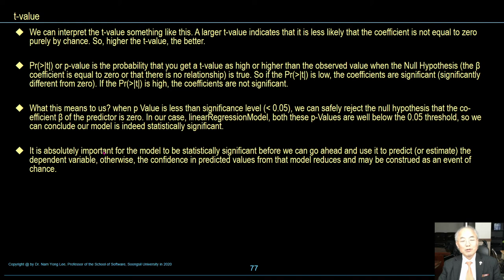It's absolutely important for the model to be statistically significant before we can go ahead and use it to predict or estimate the dependent variable. Otherwise, the confidence in predicted values from that model reduces and may be construed as an event of chance.